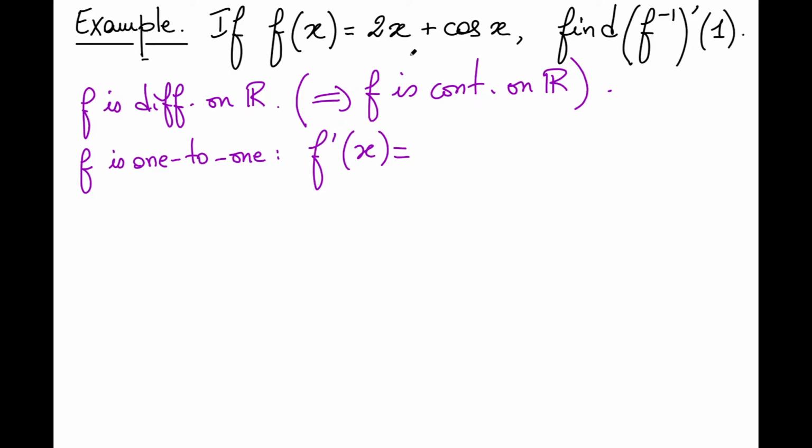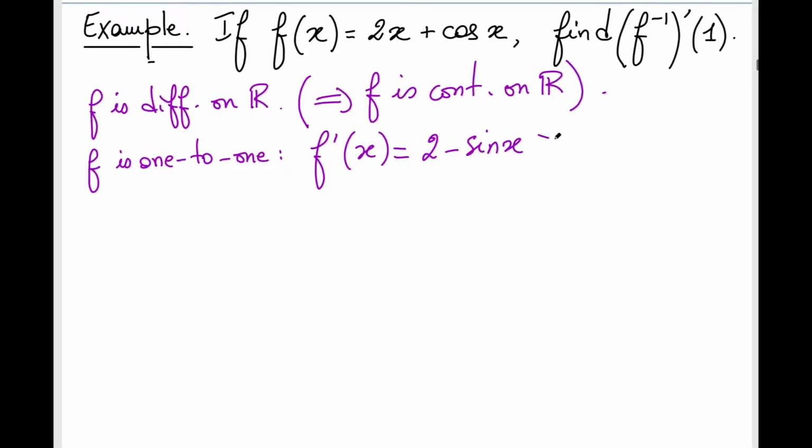Well, the derivative of this function is 2 minus sine of x, right? The derivative of 2x is 2. The derivative of cosine is negative sine. And what can you say here? Sine of x, the best it gets, is 1, right? So 2 minus the best it gets is going to be the least that the derivative is going to get to, right?